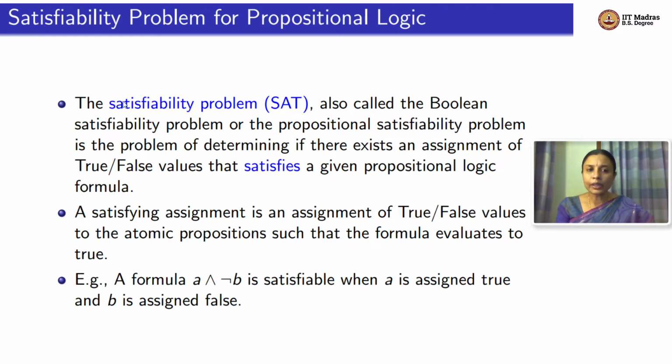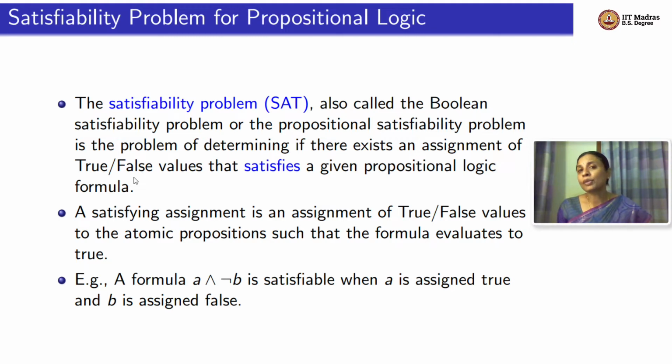The satisfiability problem, abbreviated as SAT, picking up the first three letters, is the Boolean satisfiability problem, or the propositional logic satisfiability problem. Given a propositional logic formula, can I give a set of true-false values to its constituent atomic propositions that make the formula true?